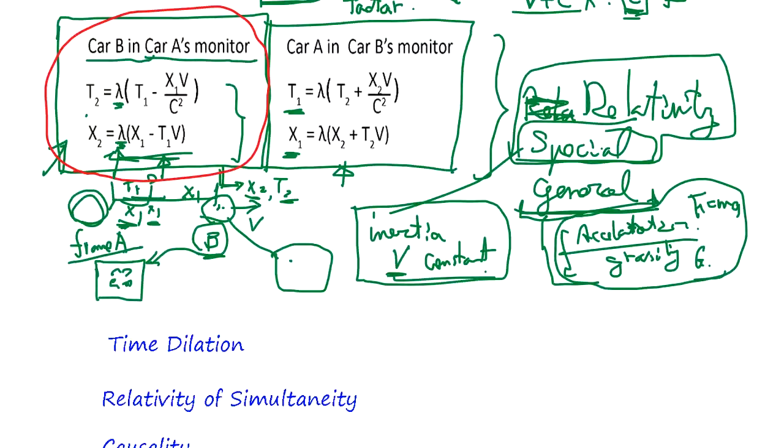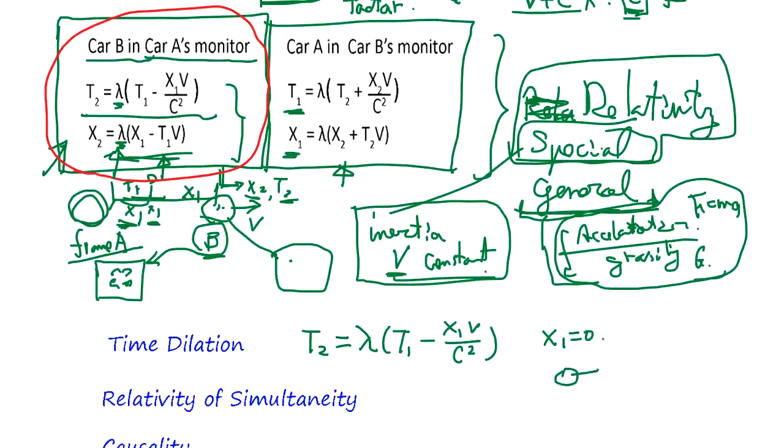So for example, take this equation, right? And for simplicity, we consider this is 0, meaning B starts moving at the same location as A at the speed v.